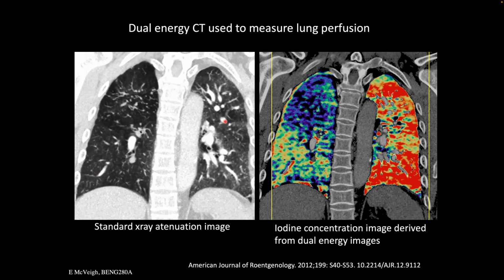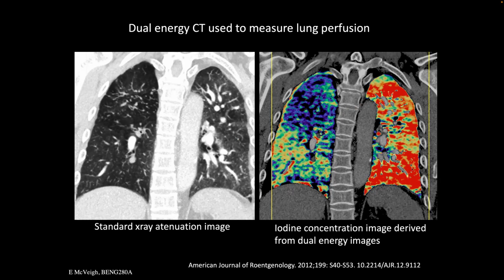And if you look at this person's lung, it looks different over here than it does over here, right? And what you can do is there's a method of using dual energy X-ray to highlight the iodine concentration in an injection that you create. And so you can isolate the iodine itself and not the background water to determine sort of what is the concentration of blood flow in that region.